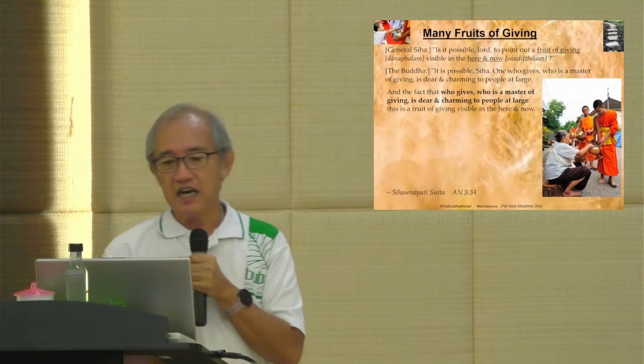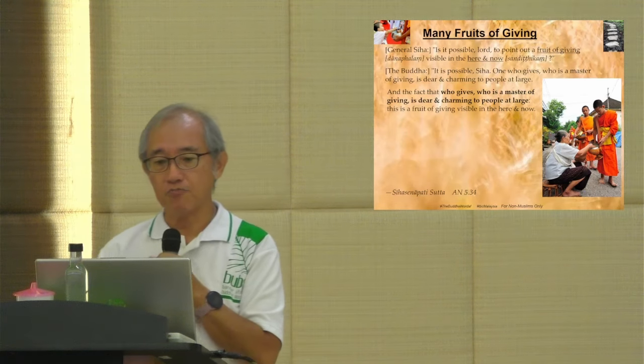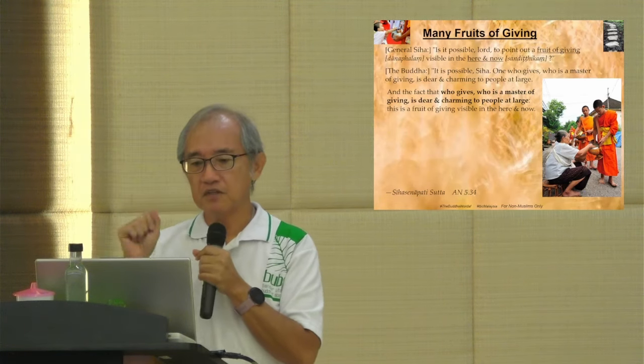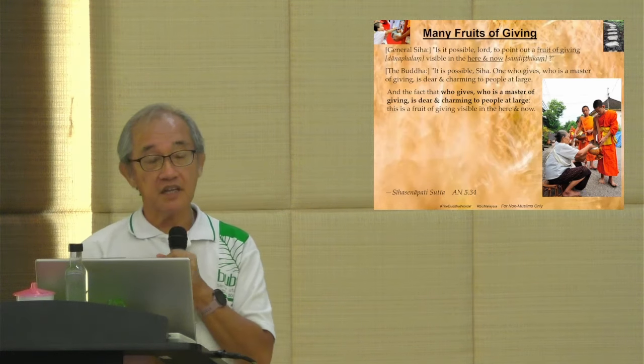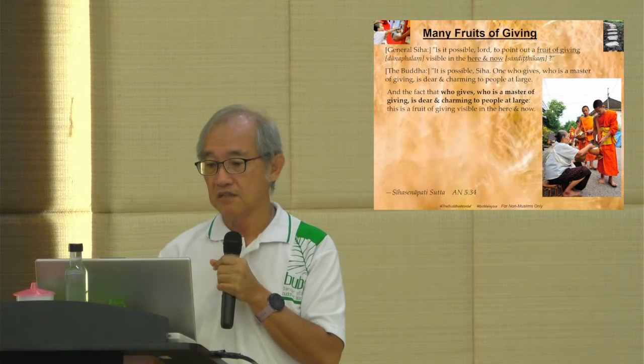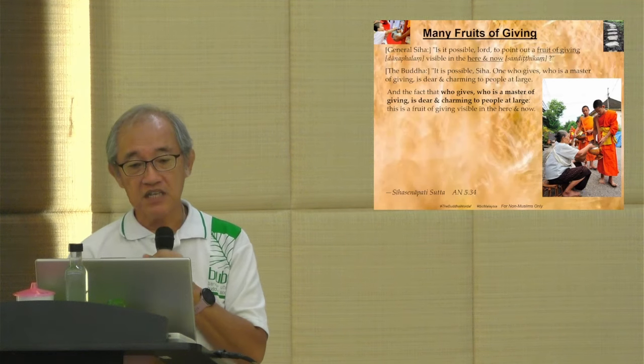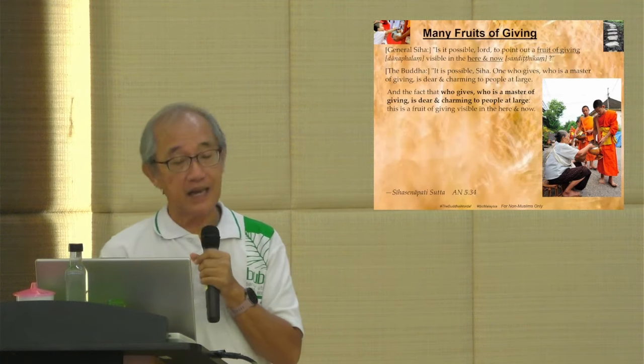So, General Siha asked the Buddha, is it possible, Lord, to point out the fruit of giving, the results of giving, visible in the here and now? And the Buddha said, it is possible, Siha. One who gives, one who is a master of giving, is dear and charming to people at large.